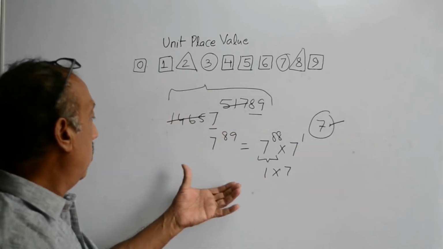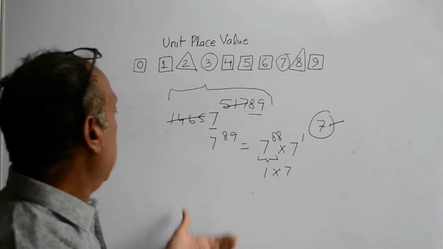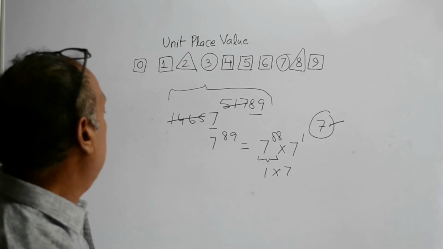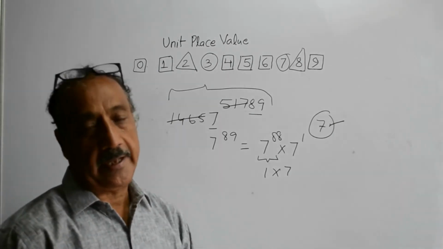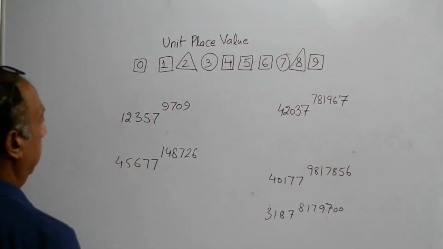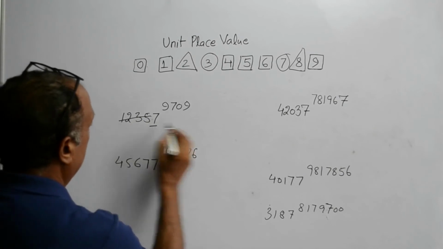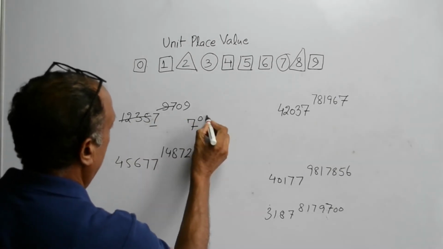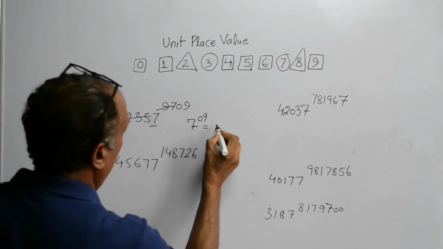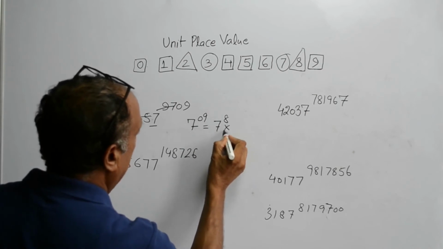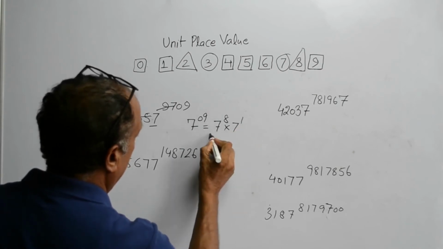Now let us do some more examples related to the digit 7 to make things more clear. Here we need to find 7 raised to power 9, which is equal to 7 raised to power 8 multiplied by 7 raised to power 1.